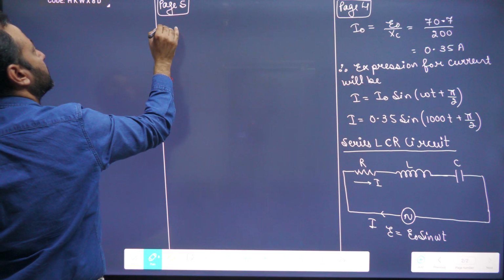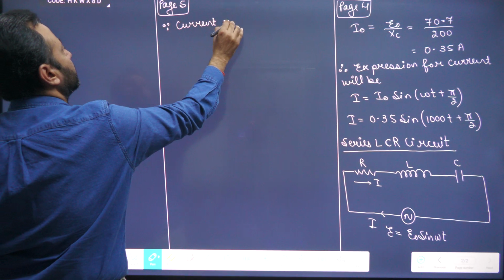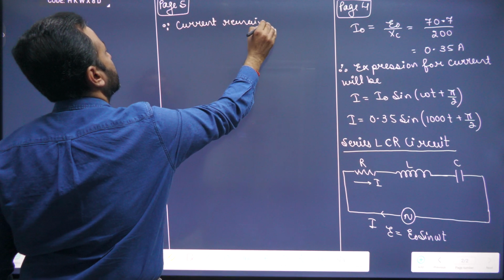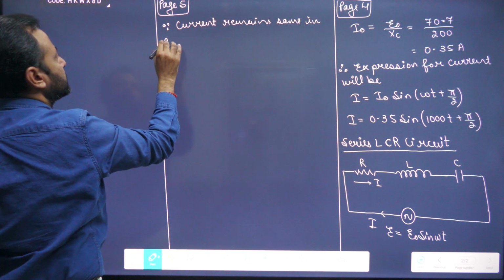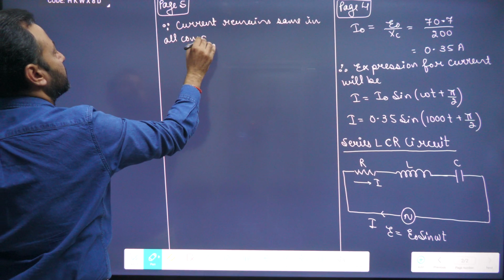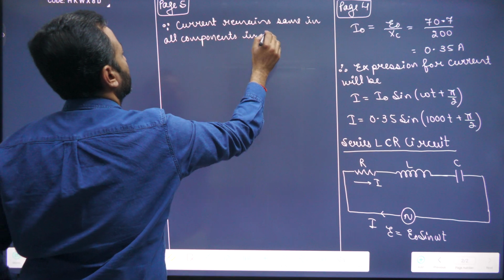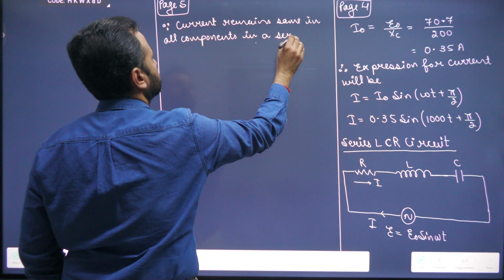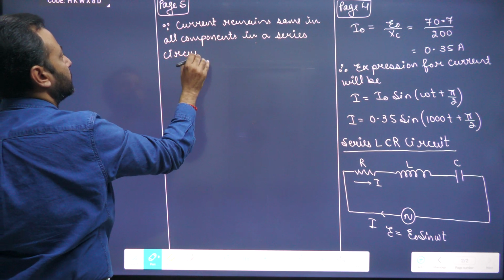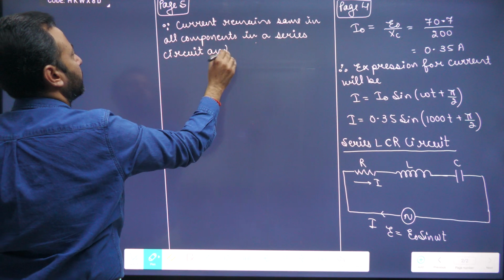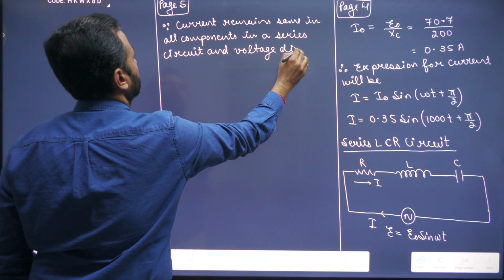Since current remains the same in all components in a series circuit, and voltage divides.